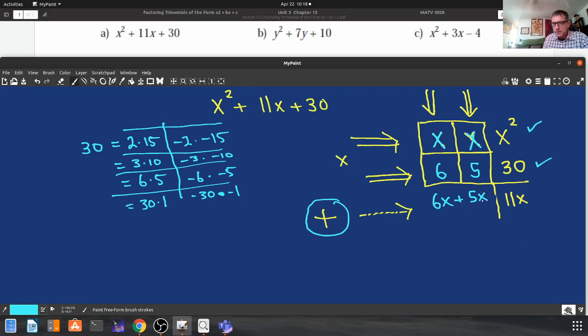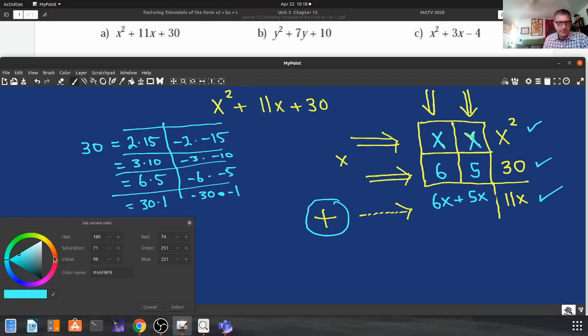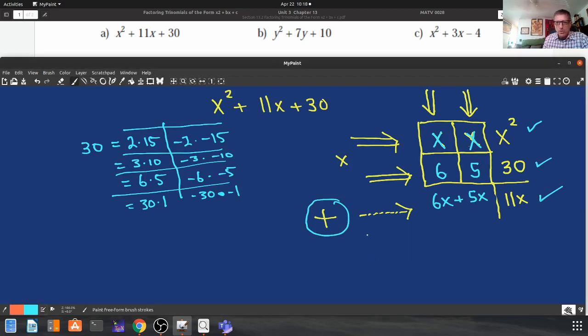So 6x plus 5x is 11x. So here is the thing. We have our table, but we don't yet have the factorization.